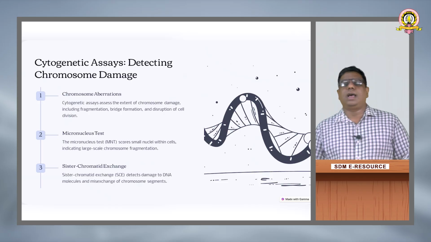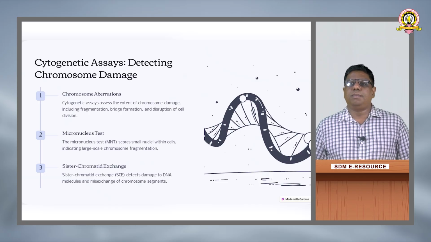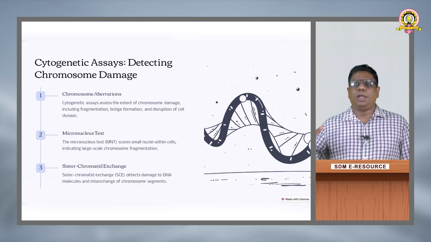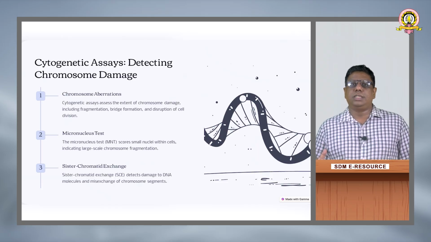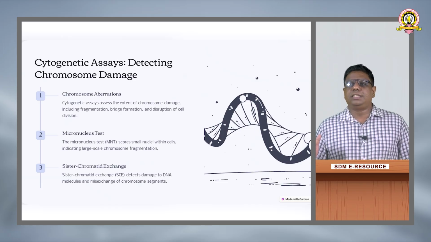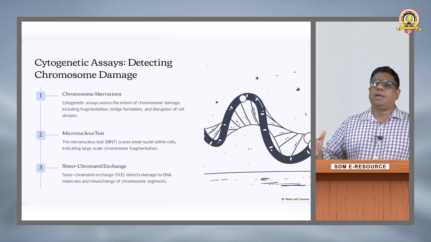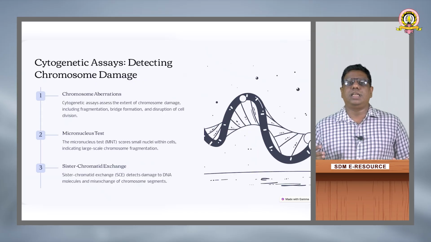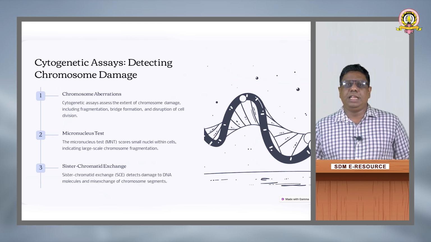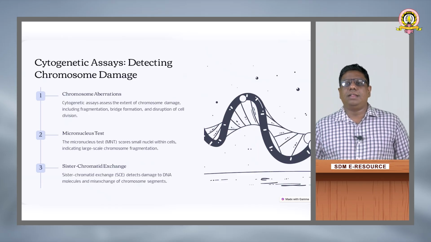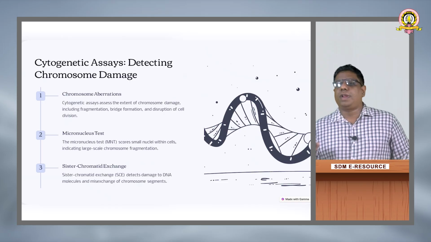Another method of testing is the micronucleus test. The interaction of the chemical mutagen or toxin makes the nucleus small. Damage in the nucleus causes repair enzymes to be released, and some cells will have very small nuclei, with large-scale chromosomal fragmentation.